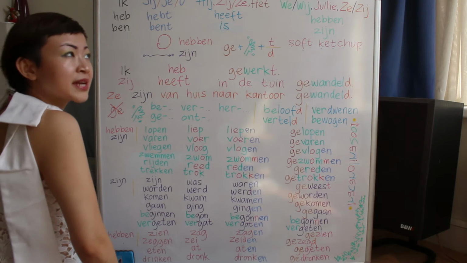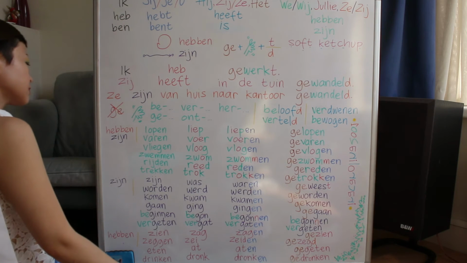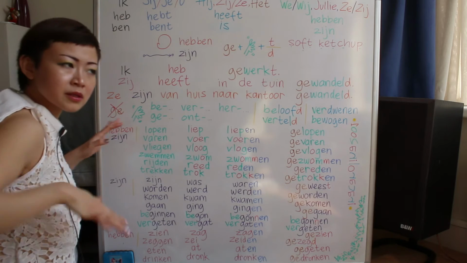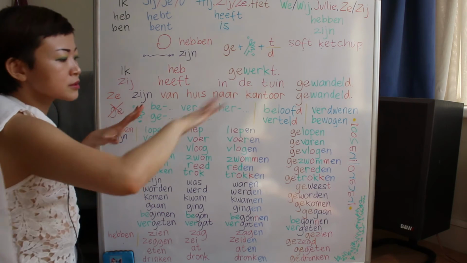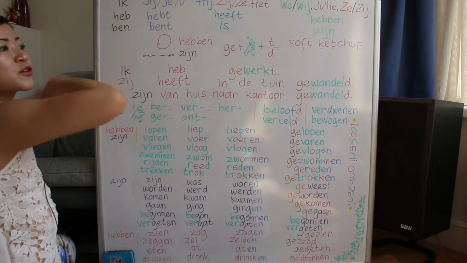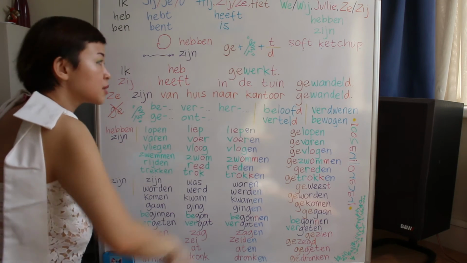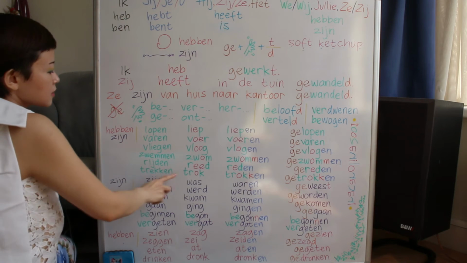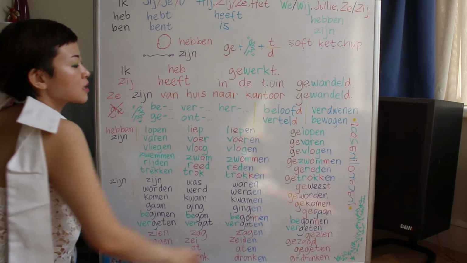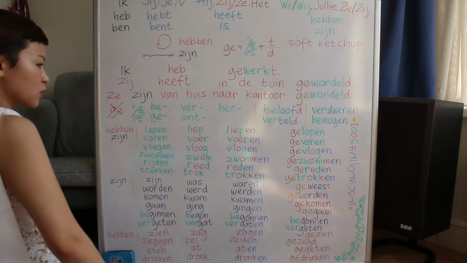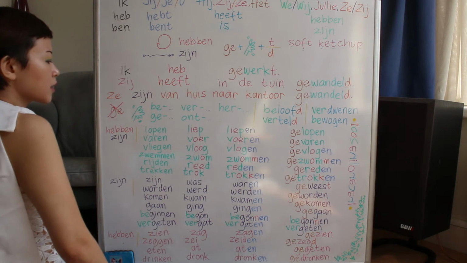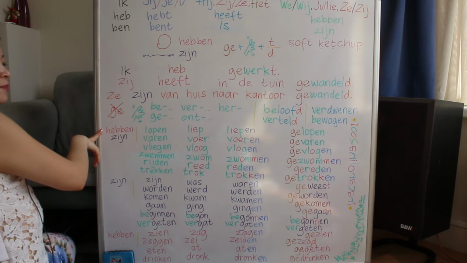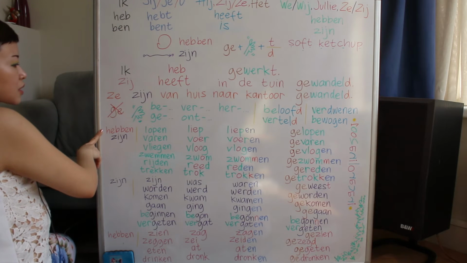So beloof with V, but when we have to put hebben and zijn, we put the D or T, the V itself changes into F. So that's why even though it's F, we put D instead of T, because the F here is not the original one. The original one is V. That V changed into F because we use the D. And the D itself, because the original is from V. I hope you understand.